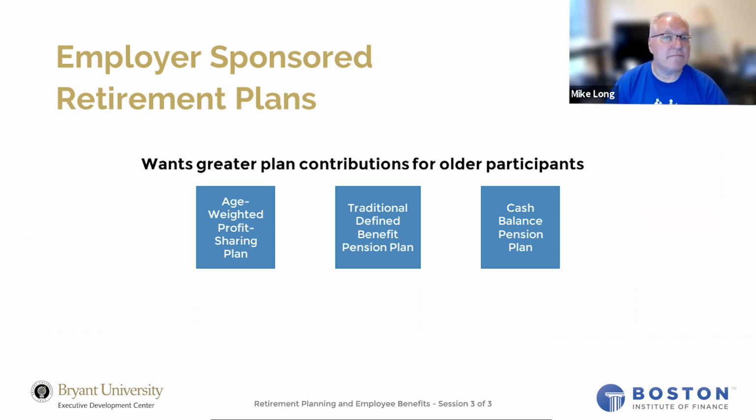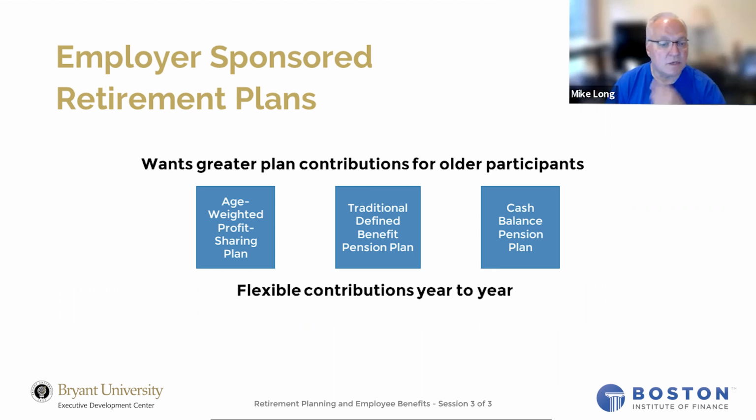We see those defined benefits again, because those generically tend to favor older folks. But we do have a way to skew plan contributions in a profit sharing plan to older folks, to the older participants, because it's age weighted. So we don't have enough to go on to pick our final answer. So we need another piece of information.